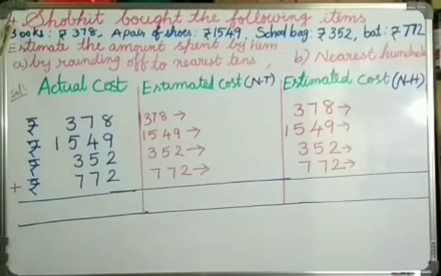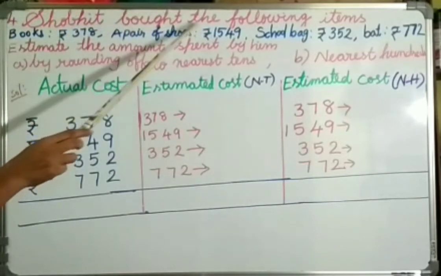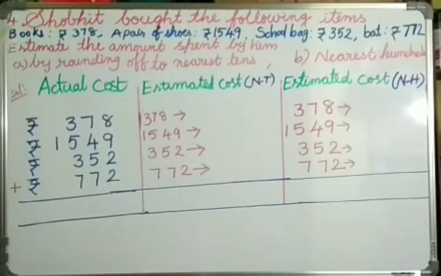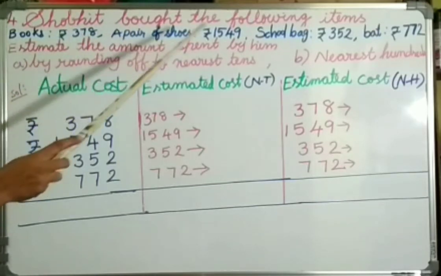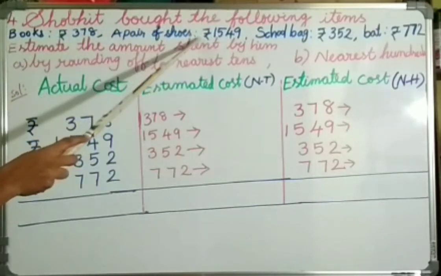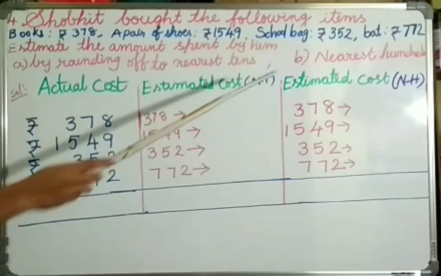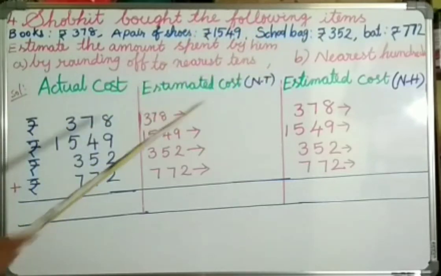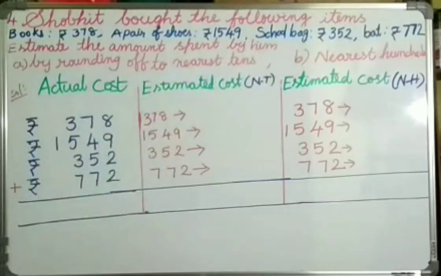Here is the fourth question. Shobit bought the following items: books 378 rupees, a pair of shoes 1,549 rupees, a school bag 352 rupees and a cricket bat 772 rupees.